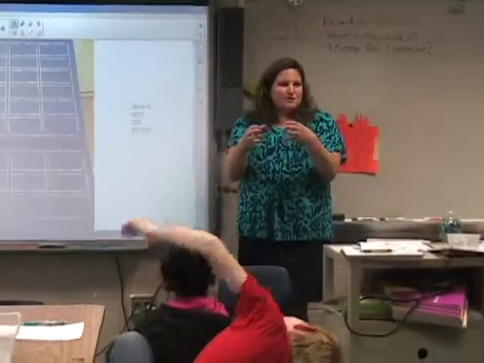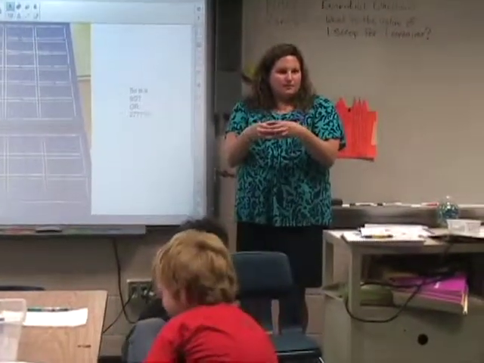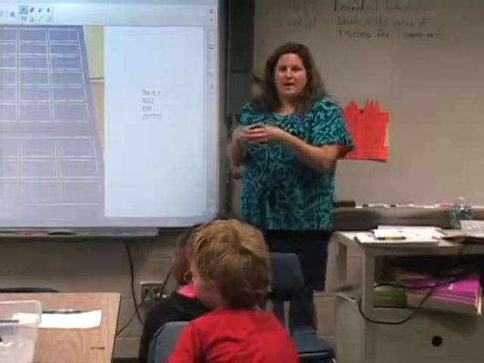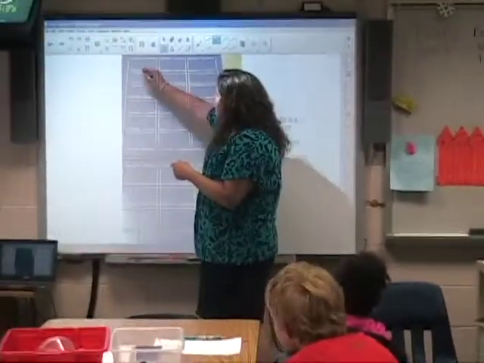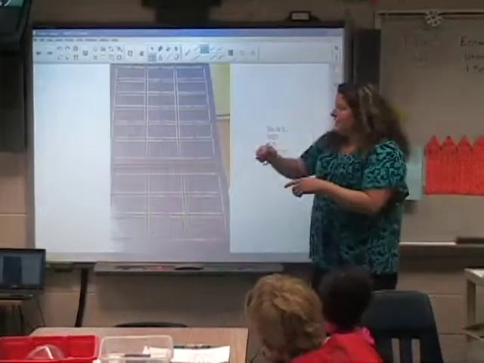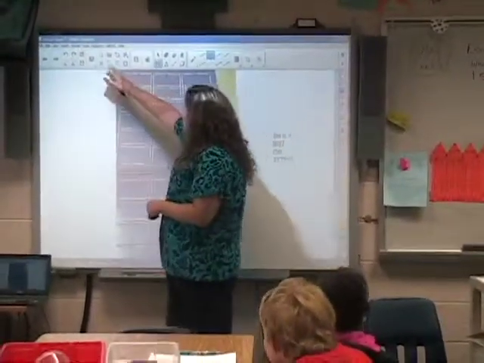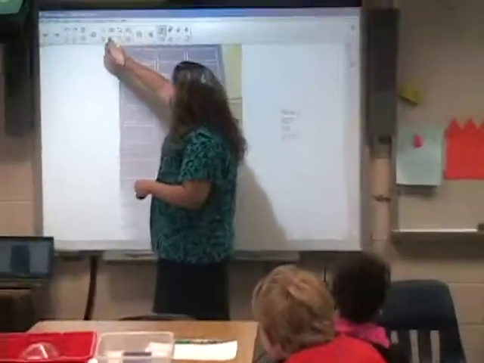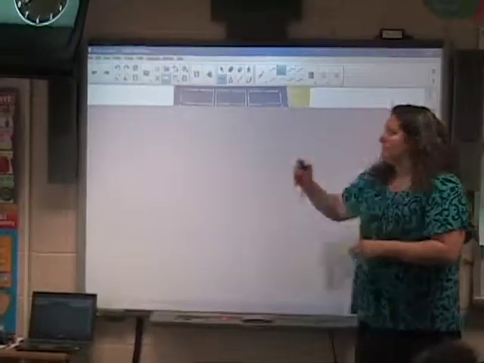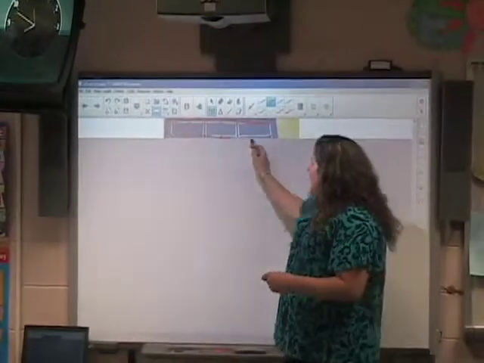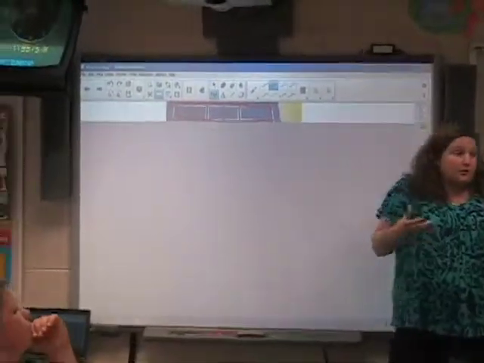You guys just found the value of a scoop. The value of the scoop makes a section. In this 1 meter, this was 1 meter, they divided it into thirds like the size of your scoops.